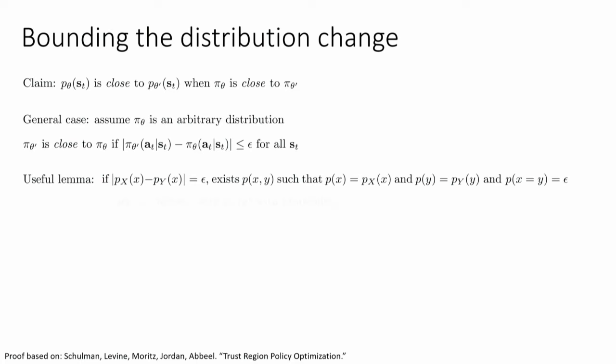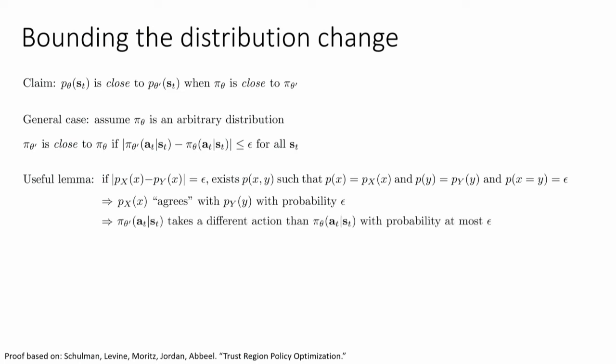So if we say that our px is our pi theta and our py is our pi theta prime, then from this it follows that pi theta prime takes a different action than pi theta with probability at most epsilon if we sort of align them properly. Align them properly meaning use the same random numbers. This is a slightly hand-wavy explanation of this idea. You can find a much more detailed derivation of it in this paper called Trust Region Policy Optimization.